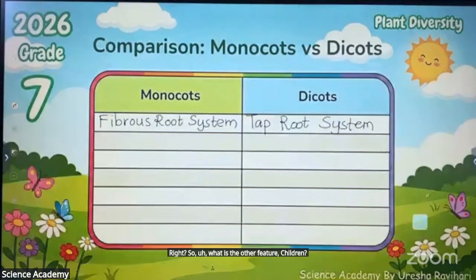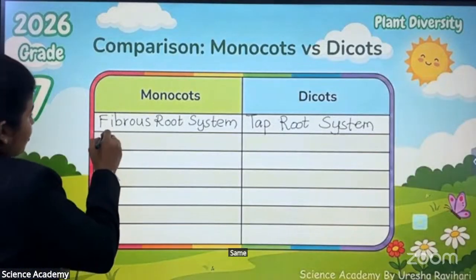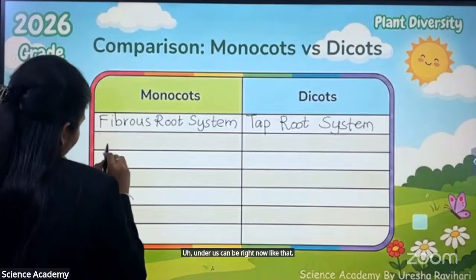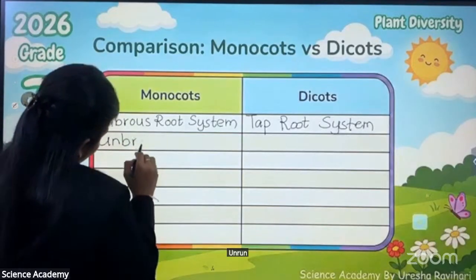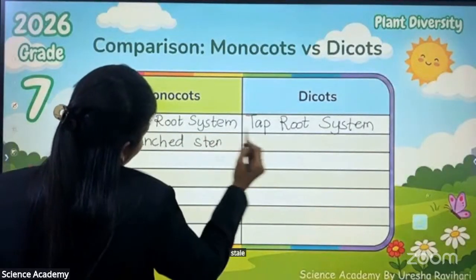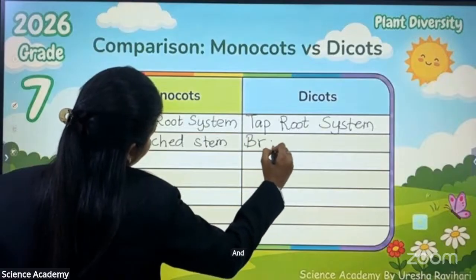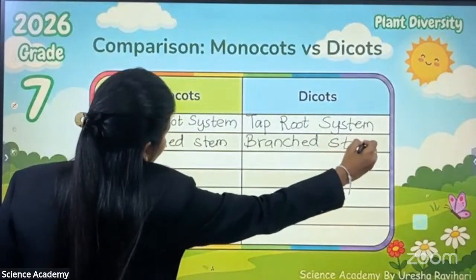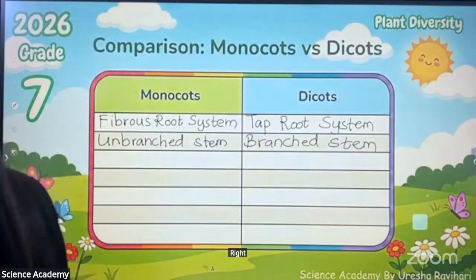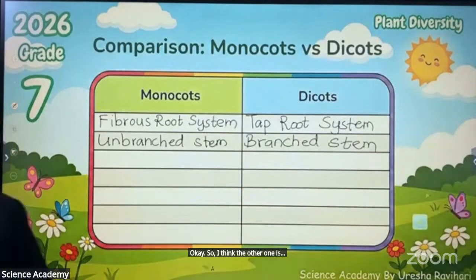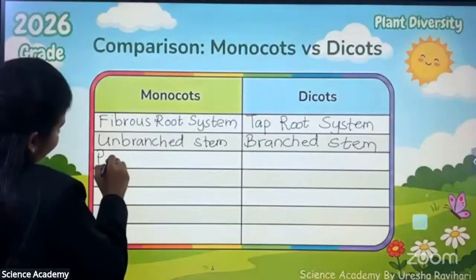We can write down unbranched stem, and branched stem. Okay. And the other one is parallel venation.